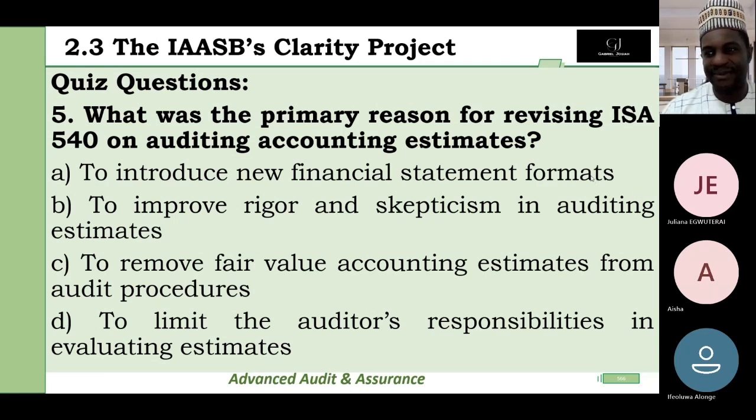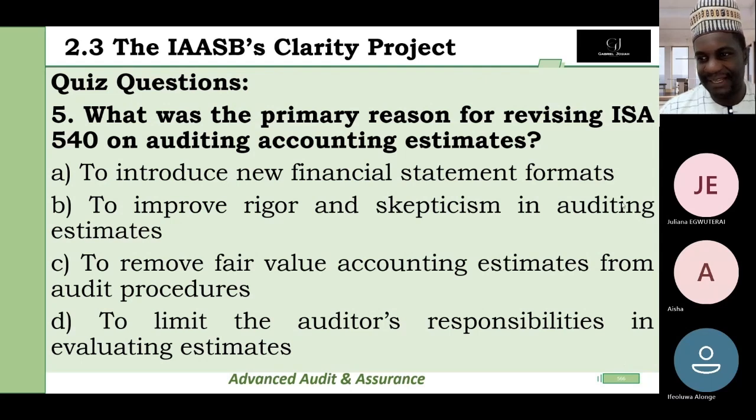What was the primary reason for revising ISA 540 on auditing accounting estimates? A, to introduce new financial statement formats. B, to improve rigor and skepticism in auditing estimates. B. I too concur. B. Okay. A is allowing me to read the other options. C, to remove fair value accounting estimates from audit procedures. D, to limit the auditor's responsibility in evaluating estimates. That was sharp of you.